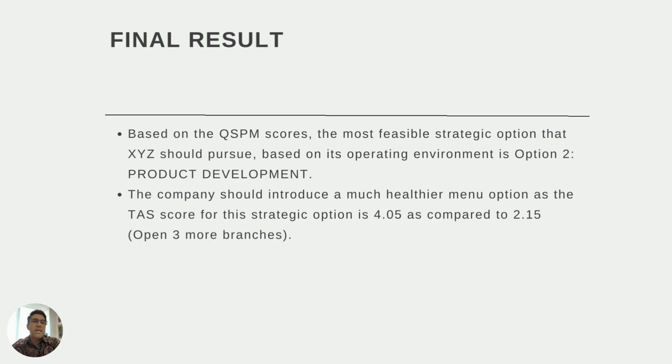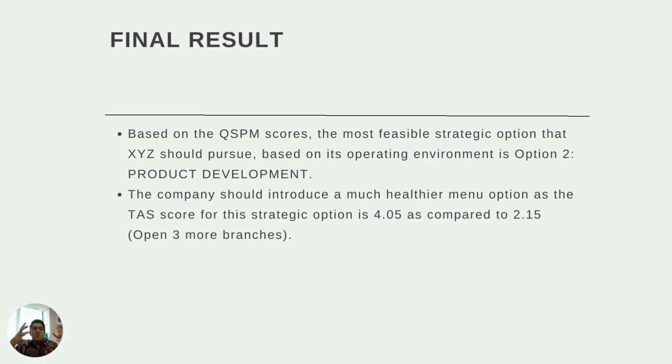So based on the TAS scores between the strategic alternatives, the organization now will be informed on which strategy they should pursue first. The highest priority should be given based on the ranking of the TAS score for each of the alternative strategies. The highest TAS score is the best choice given your organization's internal and external operating environment. So that's how you derive the final conclusion when you have more options.